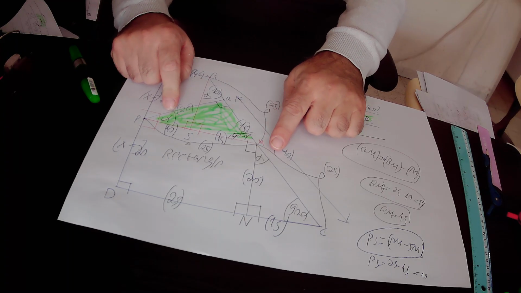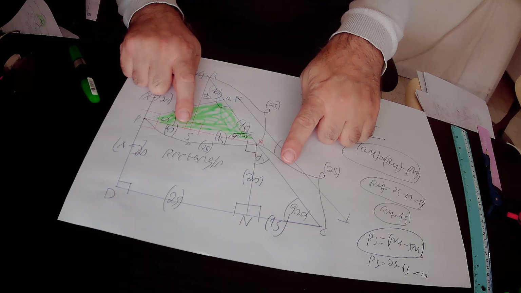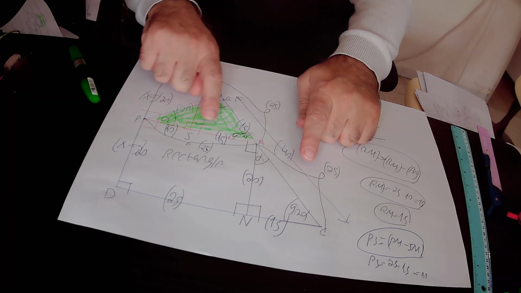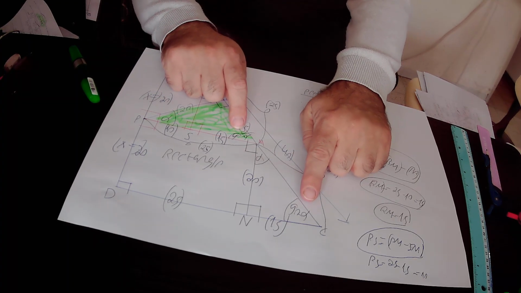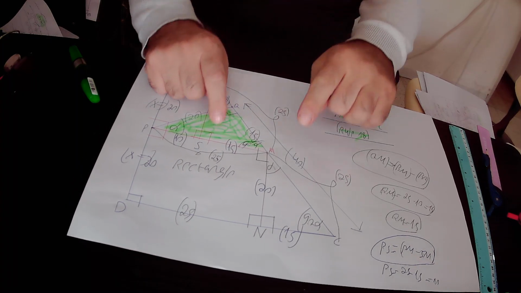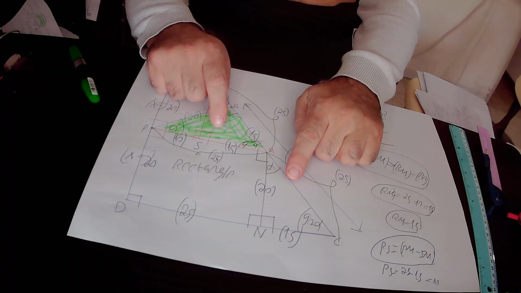In addition, those are the hypotenuses of those two right triangles. They are both equal to 25 units, and therefore they are equal to each other. And finally, those two angles are both equal to 90 degrees minus alpha, and therefore they are equal to each other. So we found out that those two right triangles are congruent according to the angle side angle rule.